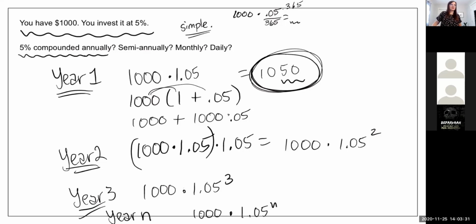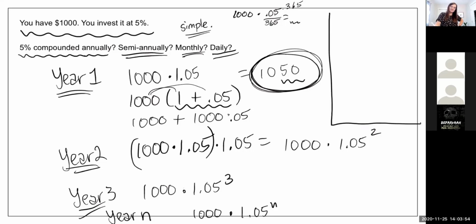Now we've got to consider what if it was semi-annually, because most places don't compound annually. They actually compound daily for the most part, but you could compound semi-annually, so twice a year, or monthly. And so what that leads to is, you know how we have this here, that 5% now has to be taken, so let's do semi-annually, twice a year.